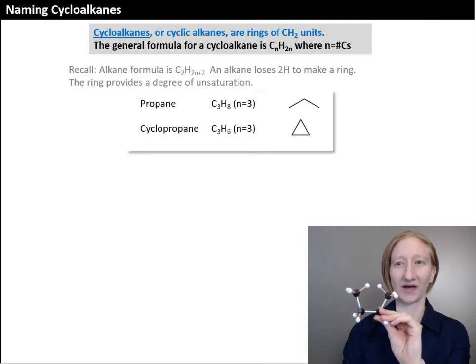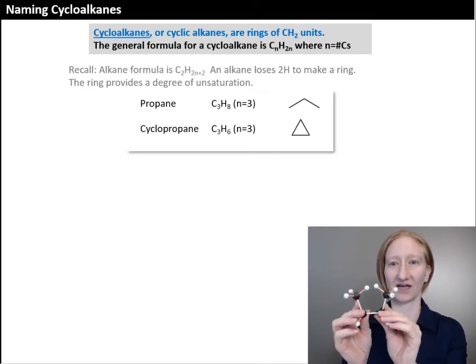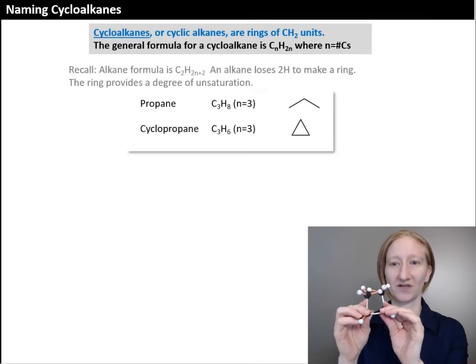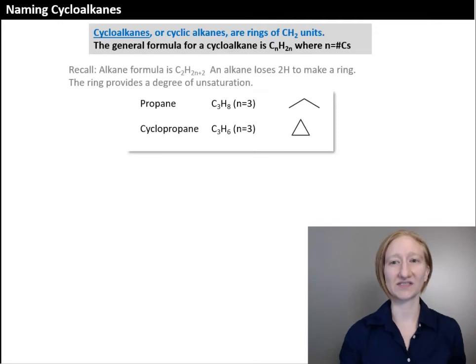Because each of these terminal carbons already has 4 bonds, in order to form a new carbon-carbon bond between them, we have to remove 1 hydrogen from each of them. So always the cyclic alkane will have 2 fewer hydrogens than the corresponding linear alkane.